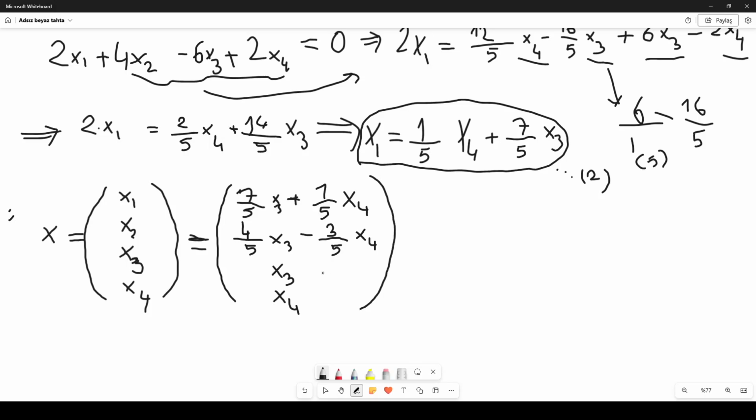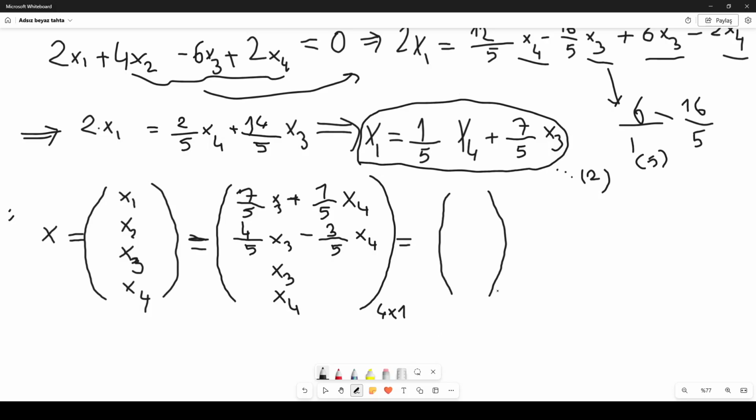Now if you take a closer look at what we have found here in this matrix, which is the solution set, actually we now only have x3s and x4s. So how about writing them as an algebraic sum as we did above? How can I do that? Well, it is simple. We have 2 free variables. So how about this? We will be trying to find something else. By the way, we have a 4 by 1 matrix, and we should stick with the size on the right hand side as well.